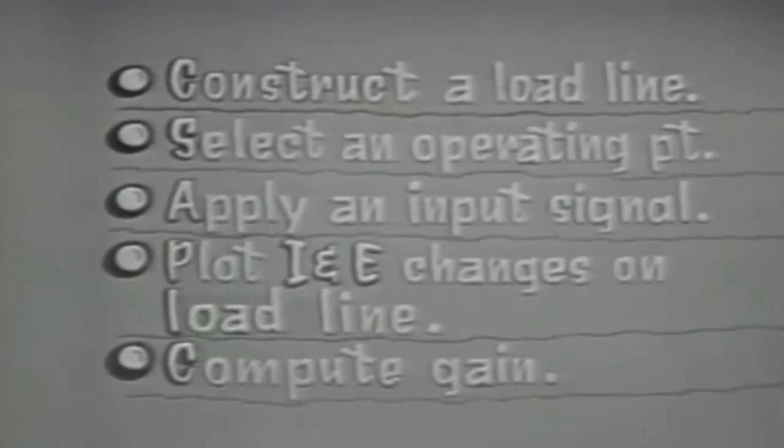We'll construct a load line, select a point of operation on this load line, apply an input signal, plot current and voltage changes caused by this input signal on the load line. Then, using the current and voltage changes, we'll compute gain. We'll also change the size of the collector load resistance and see what happens to current and voltage gain.